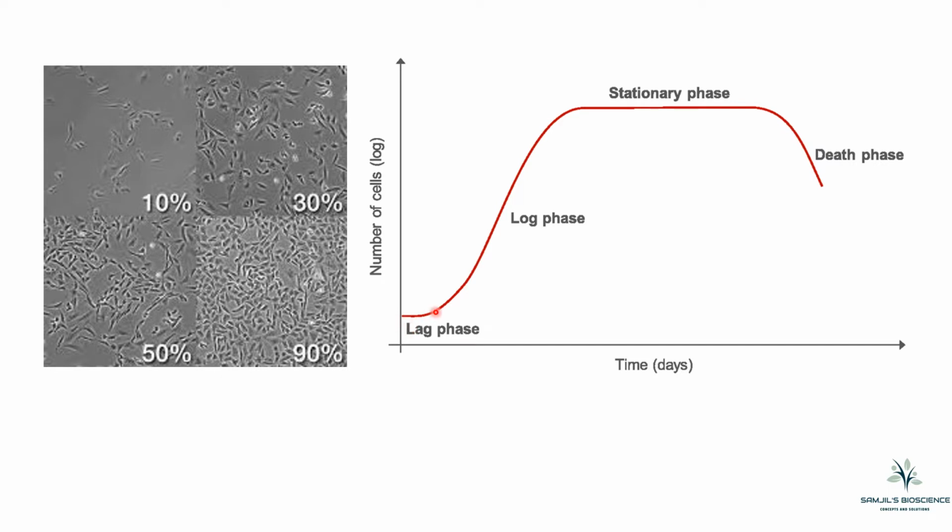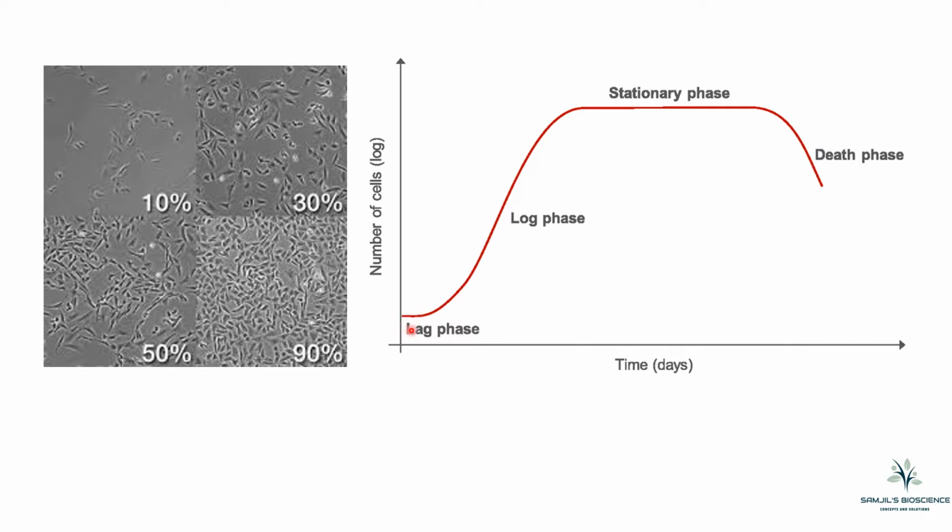I'd also like to tell you about how the cells grow, or what phases the cells go through when they grow. It's like bacterial cells again. They have a lag phase, when the cells actually prepare. Just after seeding, the cells are in a lag phase where they prepare themselves for growth or proliferation.